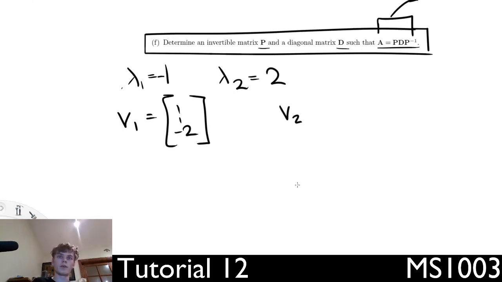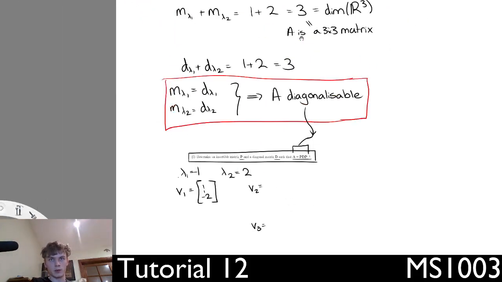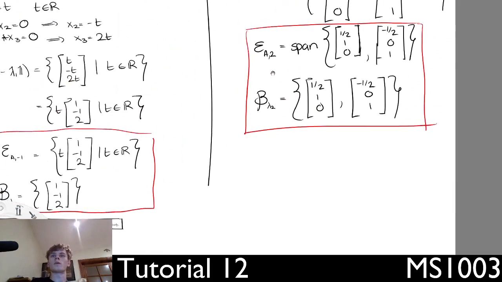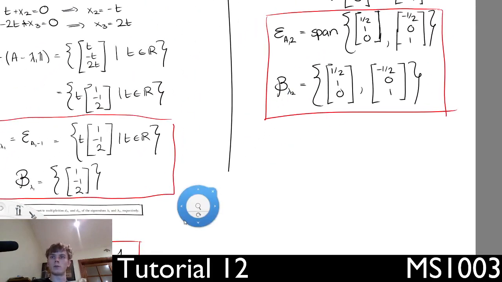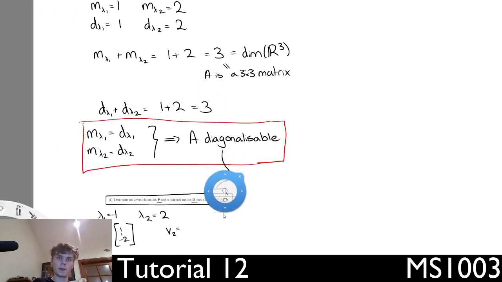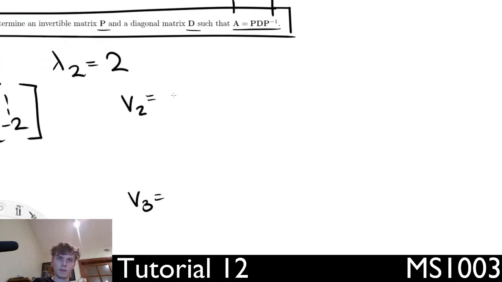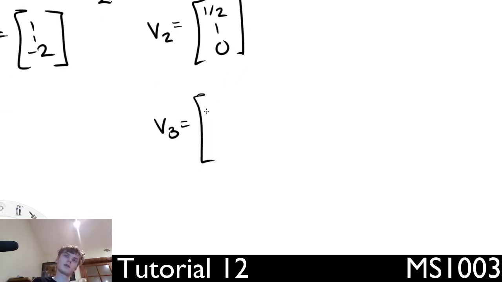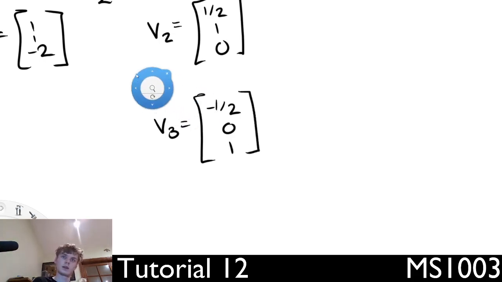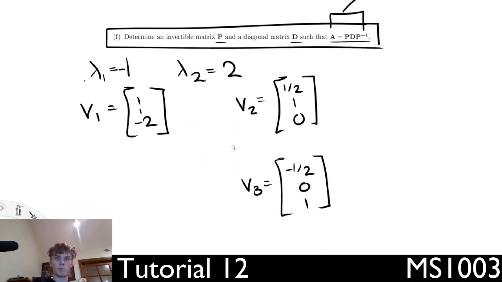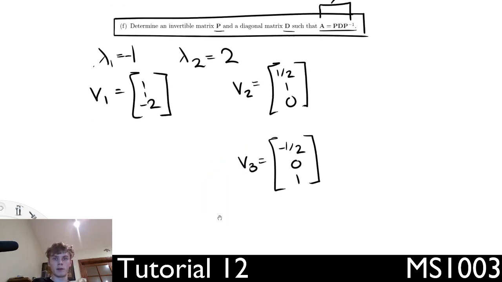And v2 and v3 then, our two other eigenvectors, came from the second eigenvalue, which had a multiplicity of 2, we found. So those are a half, 1, 0, and minus a half, 0, 1. And here are my 2 eigenvalues and my 3 eigenvectors.